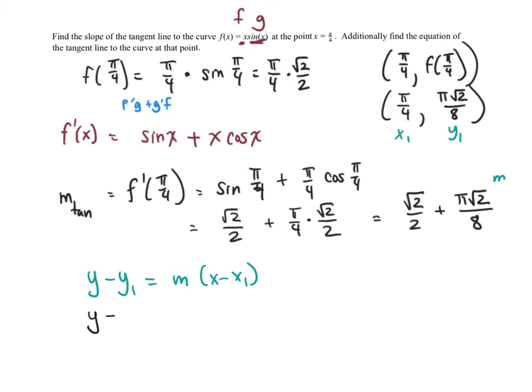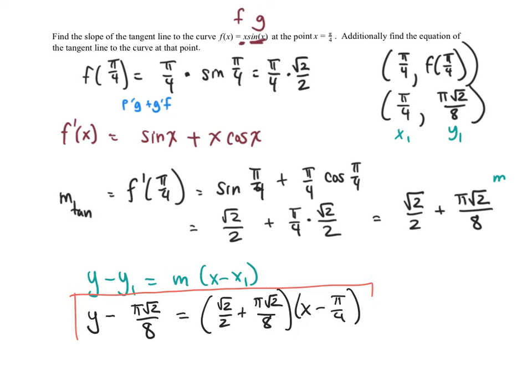So if I do this, I'll get y minus pi radical 2 over 8 equals the slope, which is this horrible looking thing, times x minus x1. So this is my tangent line in point slope.